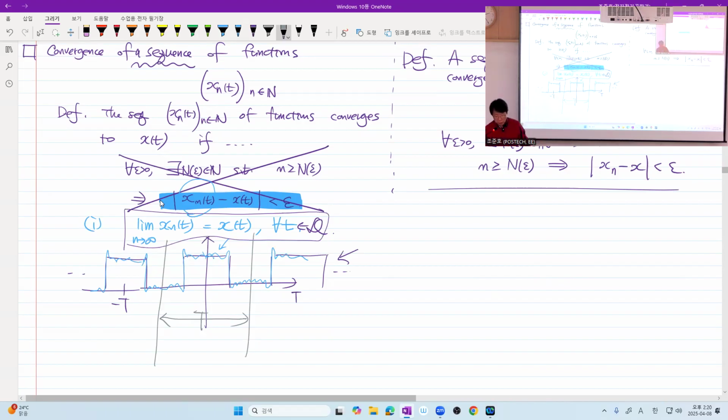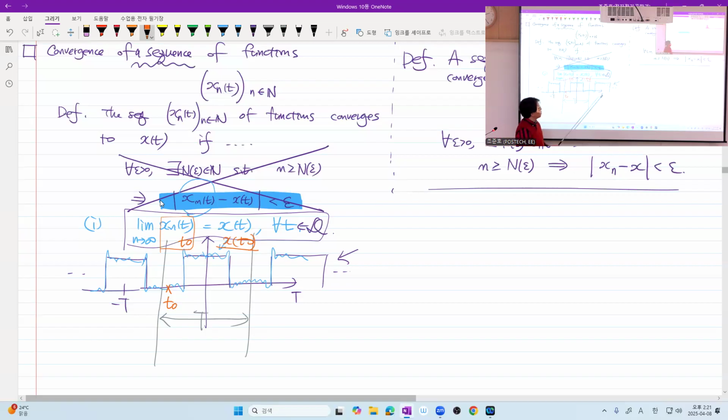Uncountably infinite. So what you want to check is this. Suppose you choose this real number, say t0. If you replace t with t0, this value becomes a real number for each n. So on the left-hand side, you have a sequence of real numbers, and on the right-hand side, you have x(t0), which is a real number.